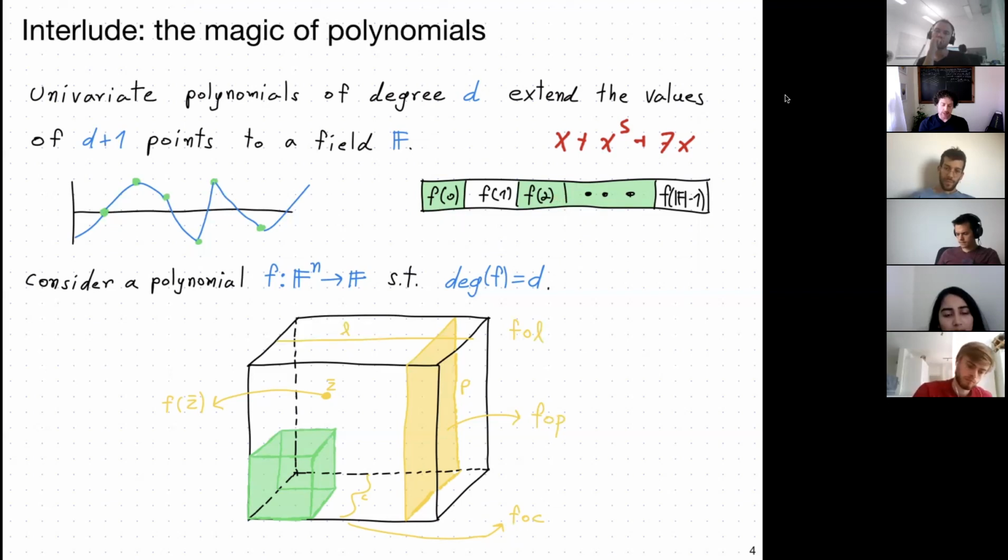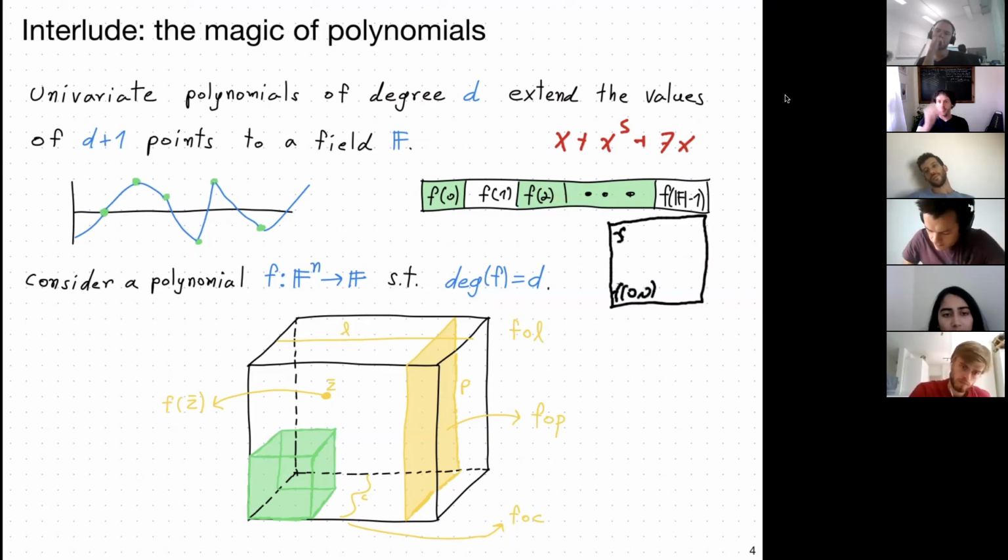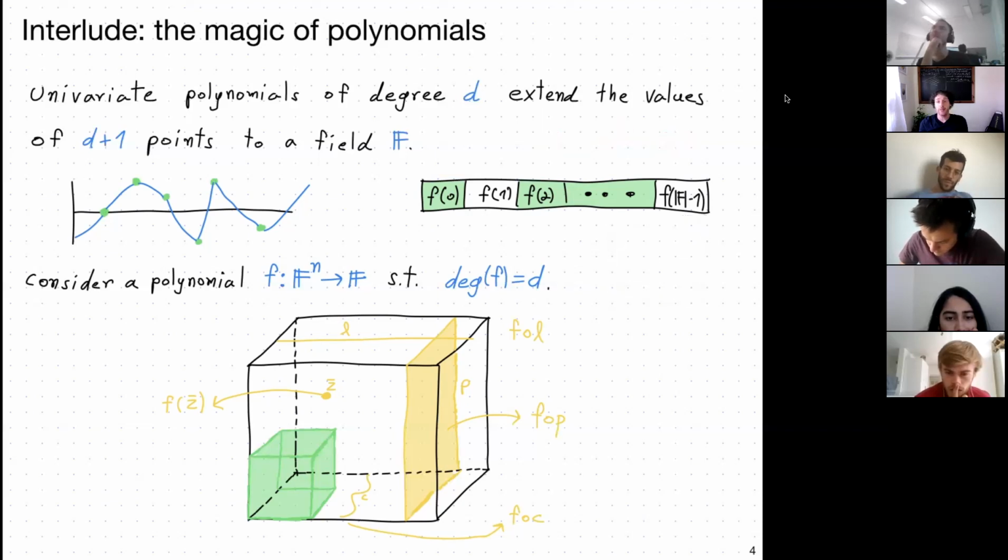Similarly, you can consider a polynomial in two variables and write the evaluation as a 2x2 grid, right? So here you'll have f of 0, 0, f of 0, 1, f of 0, 2, f of 0, 3, and we stack them in a grid according to the first coordinate and the second coordinate. So you can do this in 3 dimensions, as I drew before, and you can do it in n dimensions.